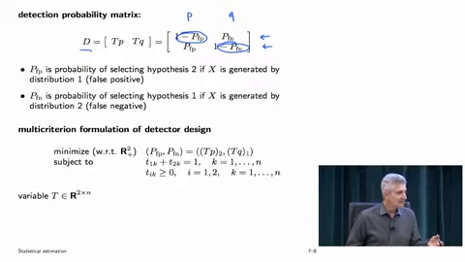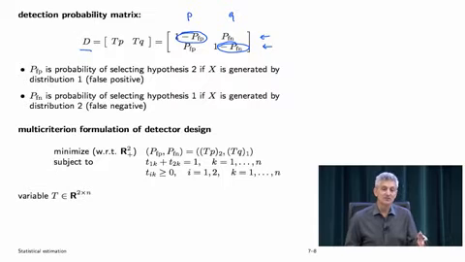Being wrong is when the sample came from distribution 1, but you announced that it was distribution 2, right? And these have names like false positive and false negative. So PFP is the probability of selecting hypothesis 2 if X is generated by distribution 1, and that's a false positive.